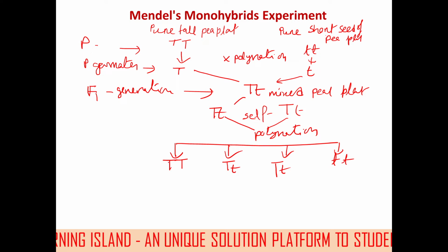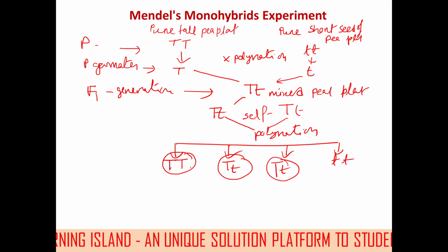So here you see, after self pollination of the plants from the F1 generation, he got four types of plant. If I see from outside, we will get three tall, because capital T is the dominant characteristic, so small t will not show here because it is the recessive characteristic.